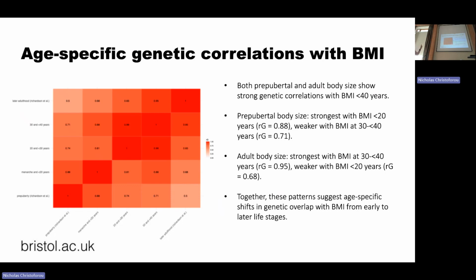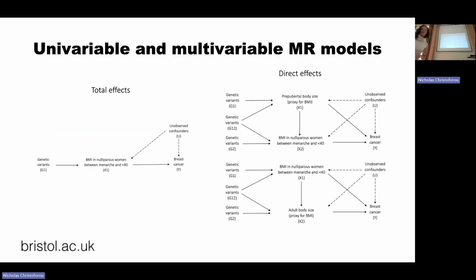But when I looked at the genetic correlations between the different body size GWAS, those that are furthest apart in age have the lowest genetic correlation score, and those that are closest together in age have the highest genetic correlation score, which is quite comforting and led me to have a little bit more faith that there are different genetic variants playing a part at different points in life within the same trait.